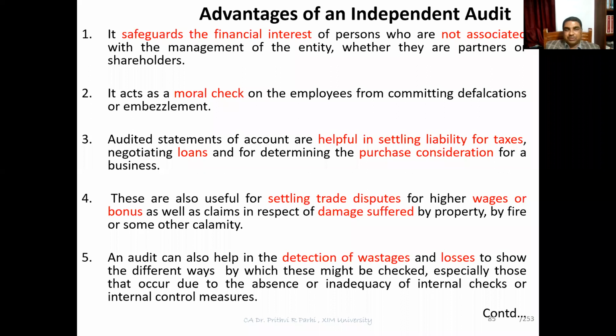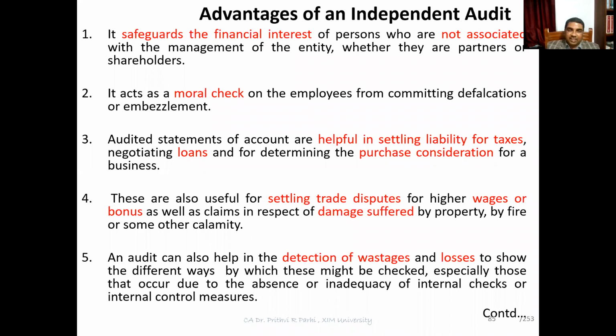auditing. Auditing also helps in settling trade disputes. Let us assume some disputes between the workers' union and the management regarding wages, bonus, etc. Normally, we see this kind of issue in many entities.